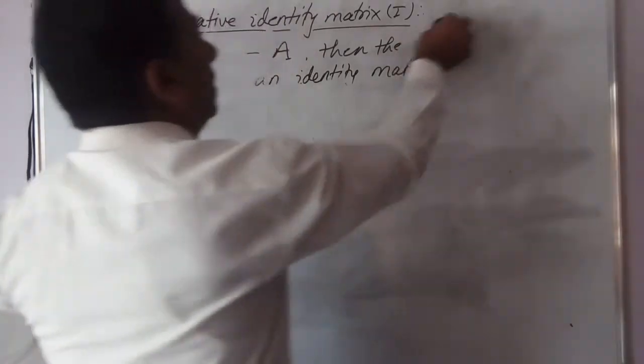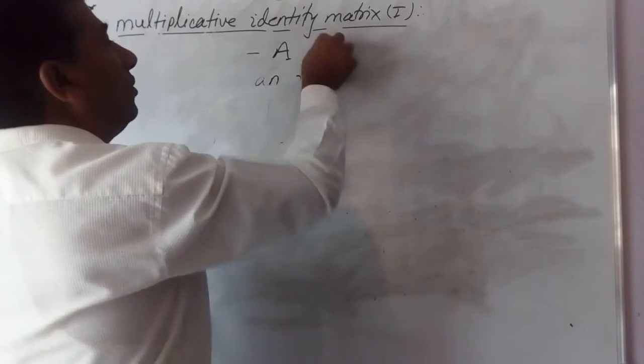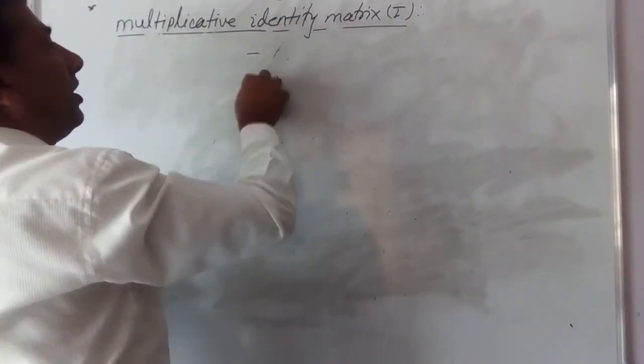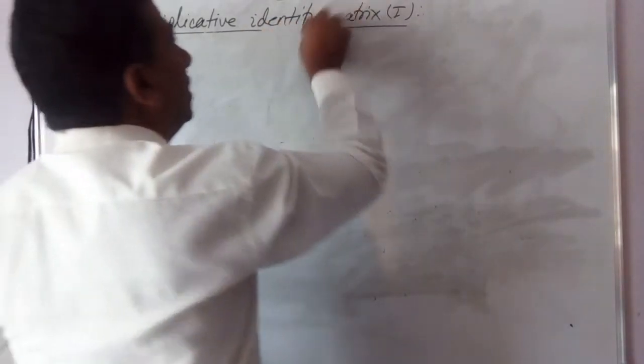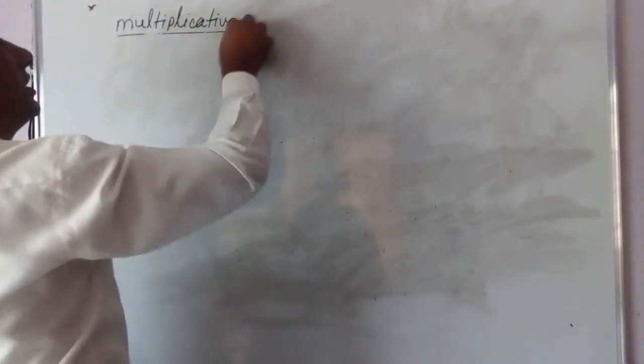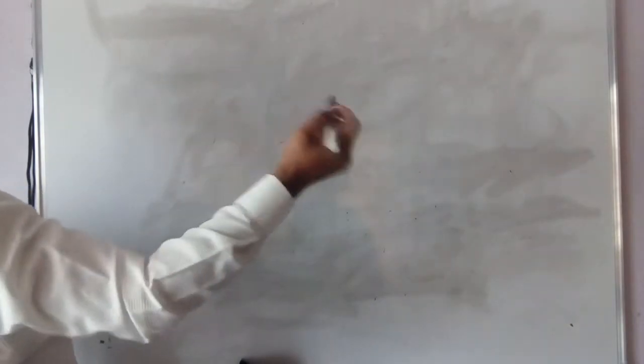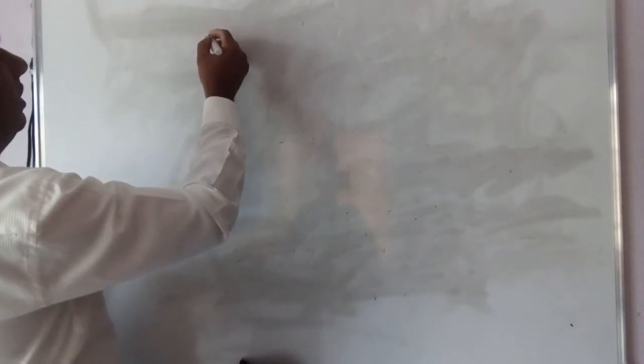To be an identity matrix, the first condition is that it should be a square matrix. Here I write a simple square matrix.